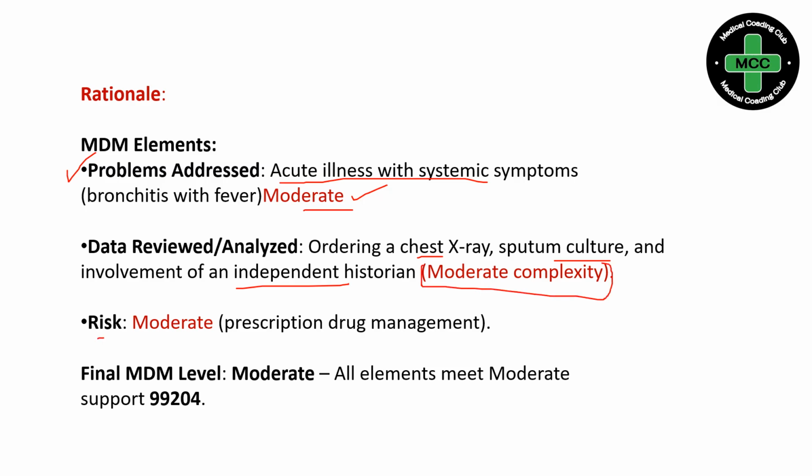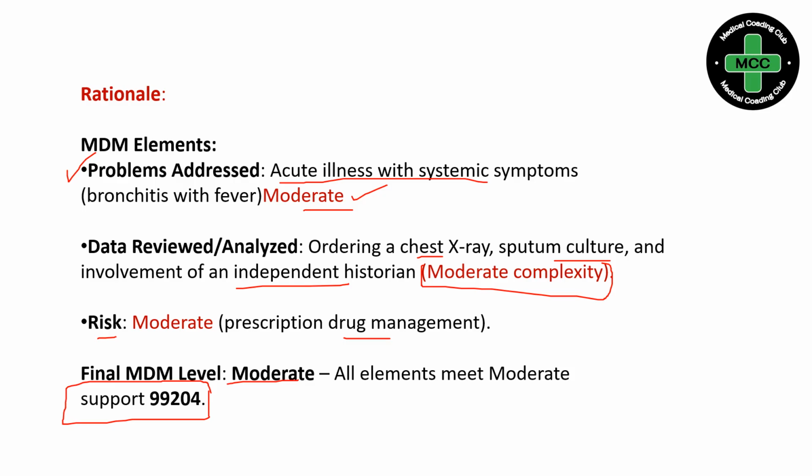And then risk, again risk is also prescription drug, antibiotic is given, so that will also give moderate level. So if you look at it, all three MDM elements are giving moderate level, so we are going with our final MDM as moderate. Okay, so the answer will be 99204.